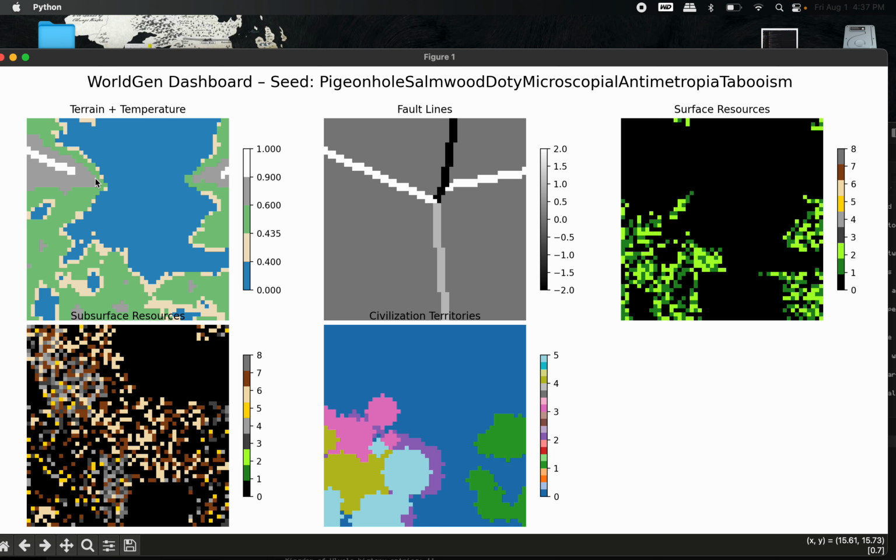That's how you get a more realistic looking world gen, where you get mountain ranges like this or bodies of water like this. You use Perlin noise as a base to create shores and water lines like this, but then you add on top of that fault lines in order to show mountain ranges in a more natural way.